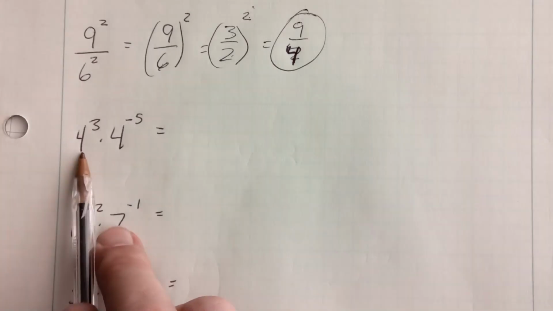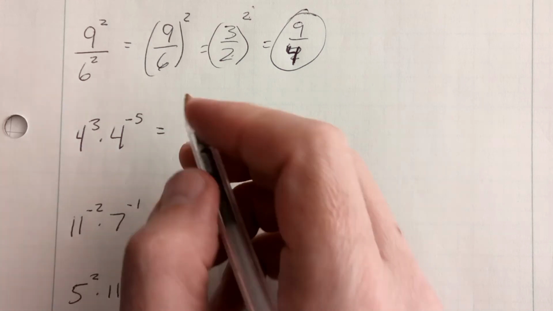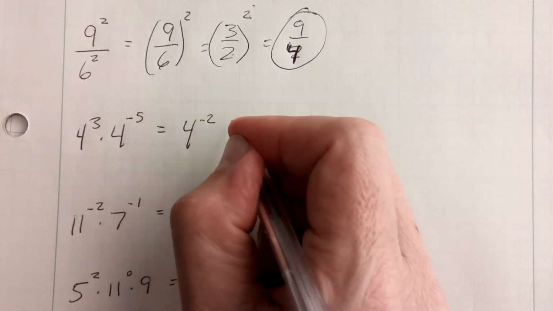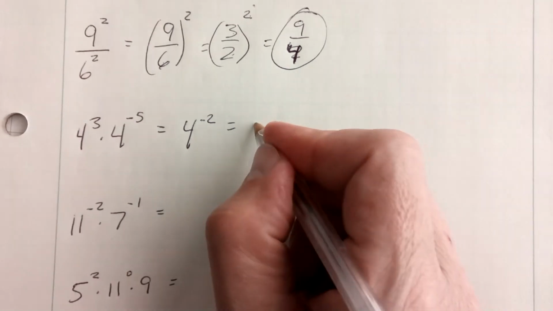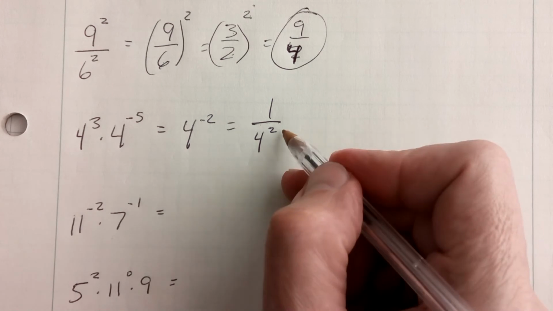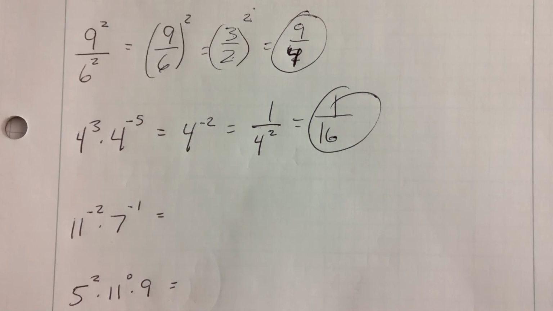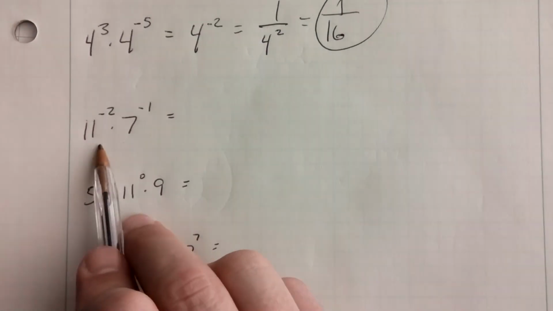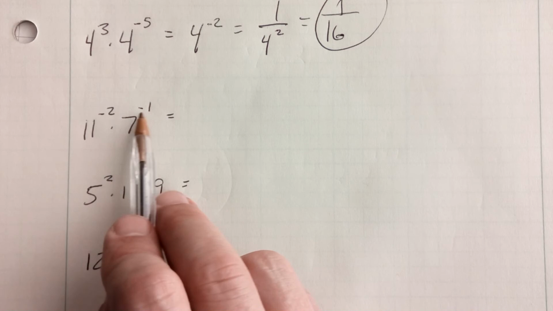Here again, I'm just going to add those two exponents since the bases are the same. I get 4 to the negative 2 power, but they want you to evaluate it. The negative means to bring the 4 down, and I'm going to square it in the denominator, so I'm still not done. It's 1 over 16 would be your final answer. Again, here, there's really not much to do as far as the rules other than the negative means to bring them down.